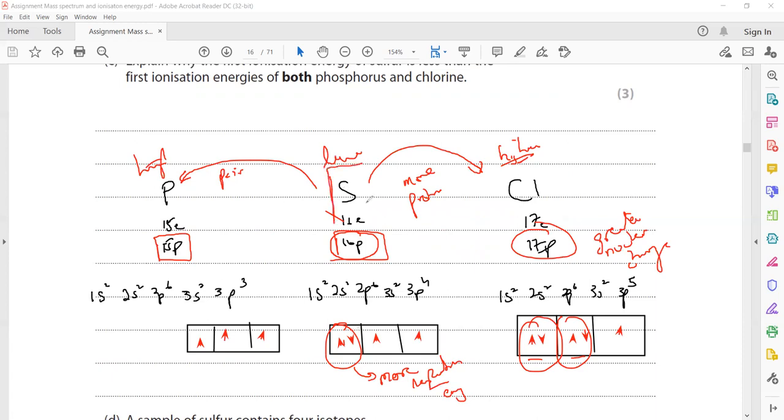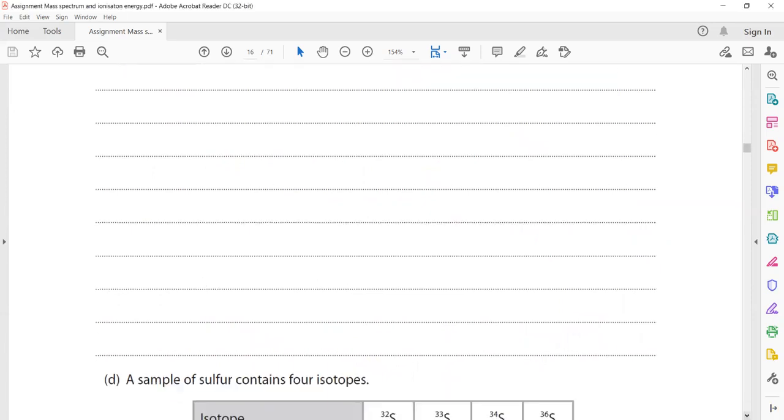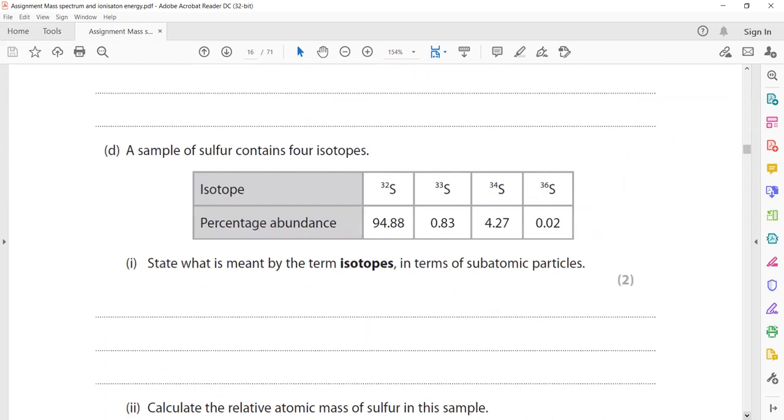So sulfur does not follow the same trend. And when we compare sulfur with chlorine, chlorine has greater nuclear charge than sulfur. So repulsion is weaker as compared to attraction. That's why it will have a higher ionization energy. So greater nuclear charge, greater ionization, but not in the case of sulfur because it does not follow that trend.